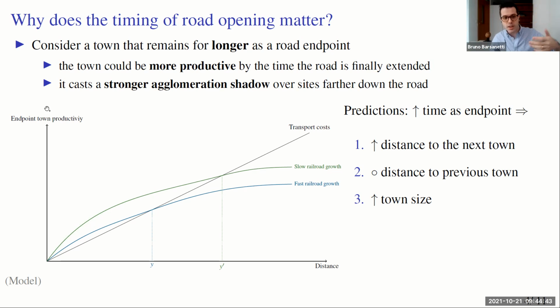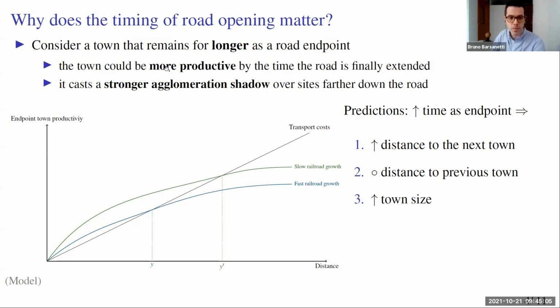And so this occurs either because they are farther away, so this generates some costs, dispersion costs, that would allow these other firms to emerge at that particular site. But it also depends on the productivity of the former endpoint town.